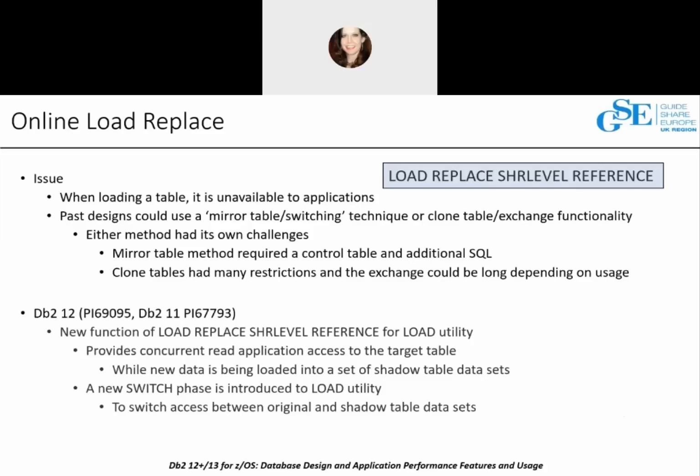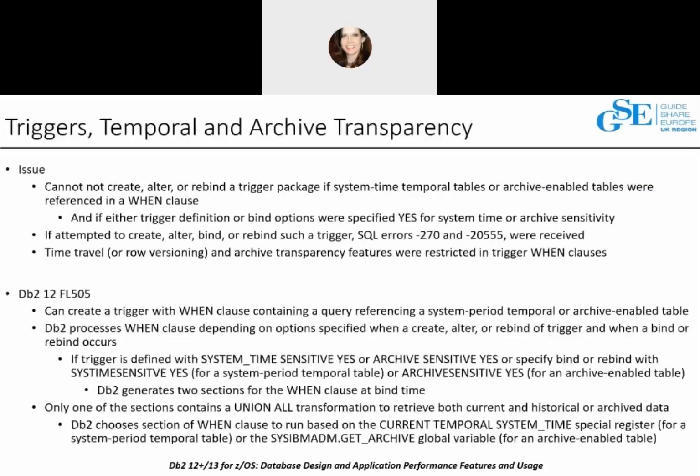It provides concurrent read access to the target table while we're building the other table, loading the shadow table sets, and then we do the switch. That's a cool option, version 12 with an APAR, and it looks like it's also retrofitted back to version 11 if you're still hanging around there. Oh, by the way, version 11 is now out of support, so if you haven't moved on, it's time.